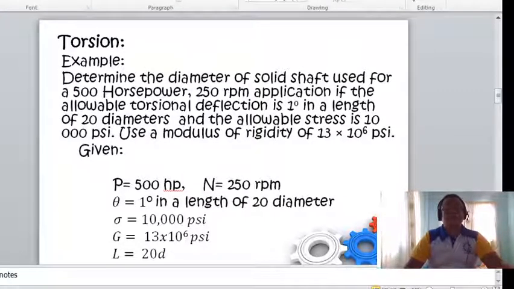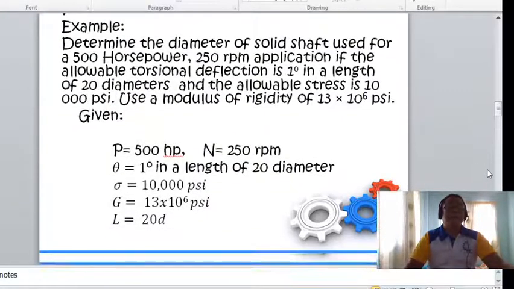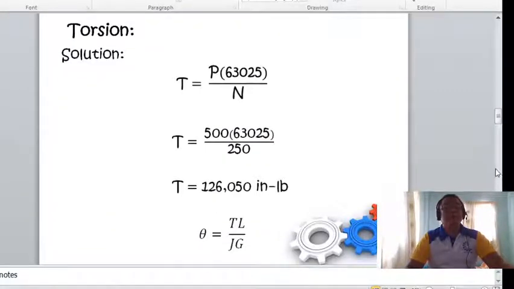So we have here the given: 500 horsepower, the torsional deflection of 1 degree in a length of 20 diameters, G is 13 times 10 raised to 6 psi, and L is 20 times the diameter. Now the solution.